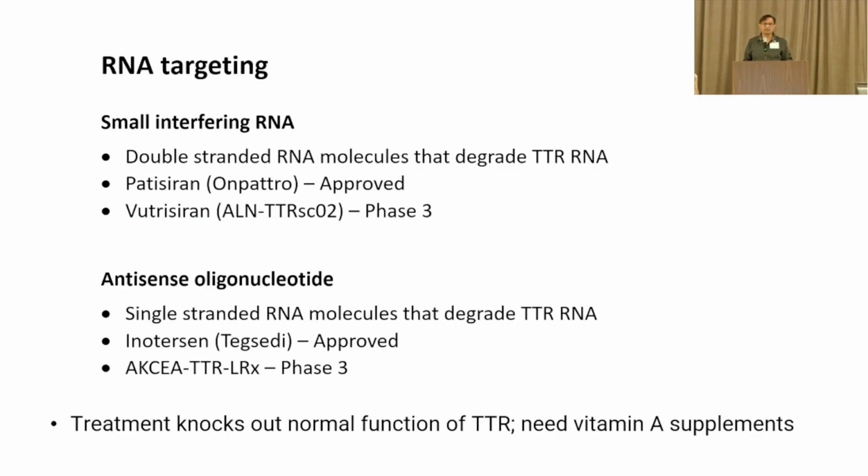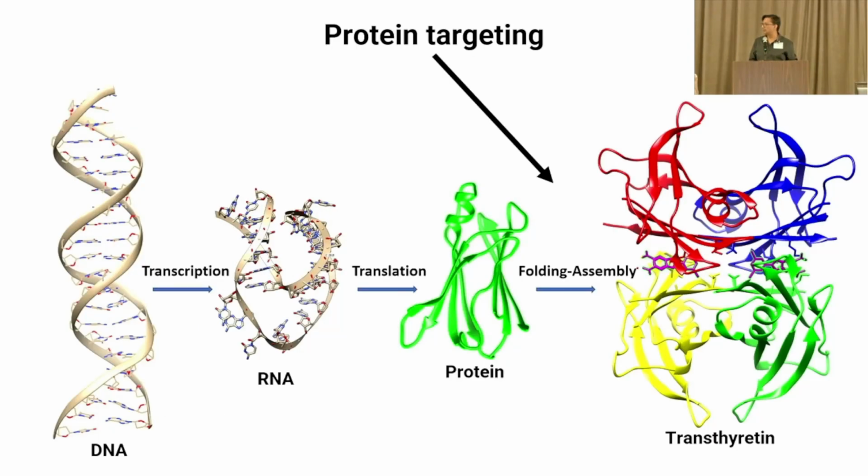There are different ways of degrading the RNA. One method is small interfering RNAs, and the other is antisense oligonucleotides. Small interfering RNAs are unique double-stranded RNA molecules, and antisense oligonucleotides are single-stranded. And also, because this treatment does knock out function, you need to take vitamin A supplements.